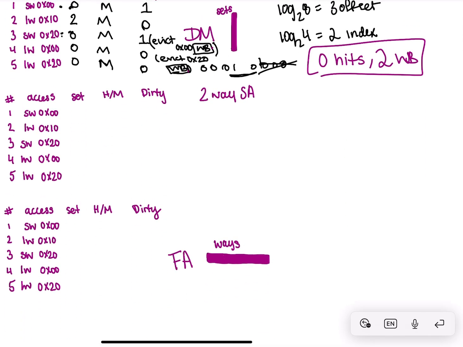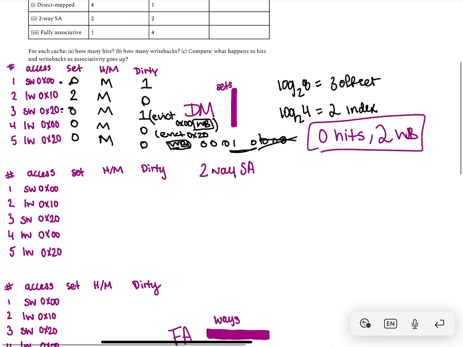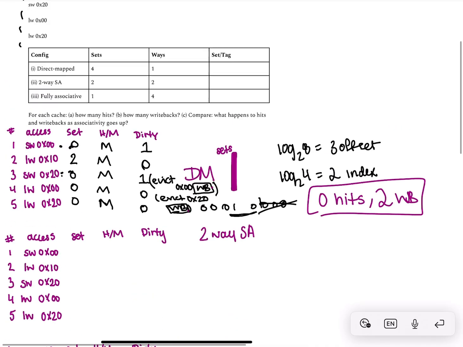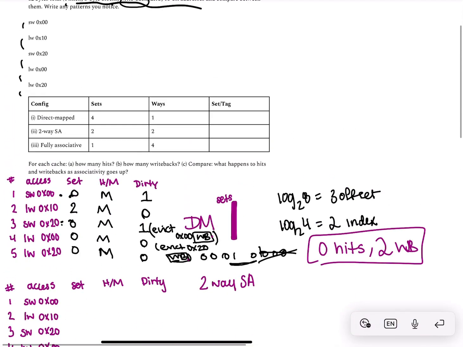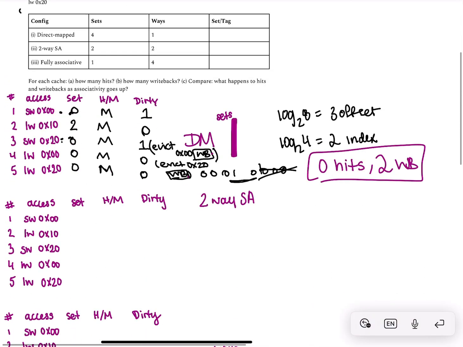Next, we are looking at two-way set associative, and so we have to calculate our index bits to figure out what set we're in. And so since there are 4 lines and 2 ways, we do 4 divided by 2, which is 2, so we have 2 sets here.